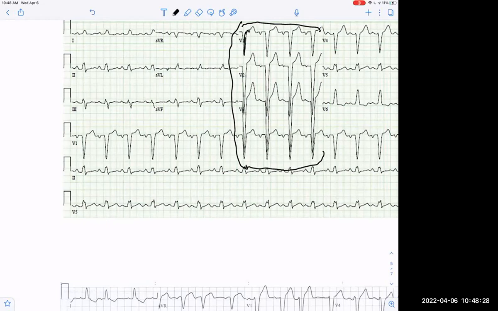More specifically, what we see going on in this EKG is left ventricular hypertrophy. You look in V1, V2, very much so in V2 and V3, you have these long slurring QRS complexes. And again, this is voltage criteria for left ventricular hypertrophy.